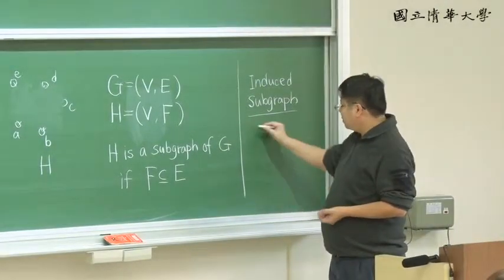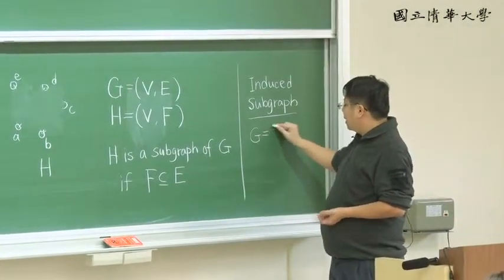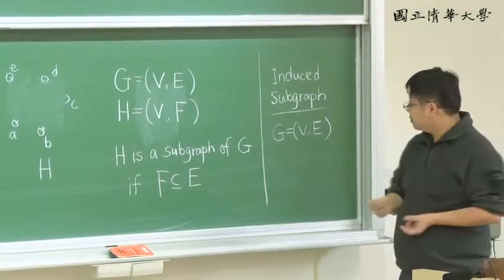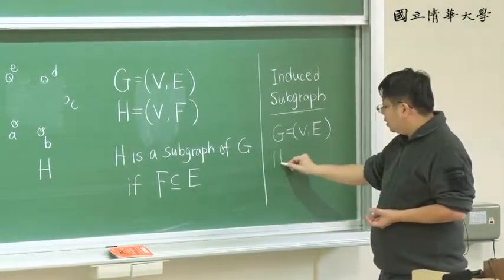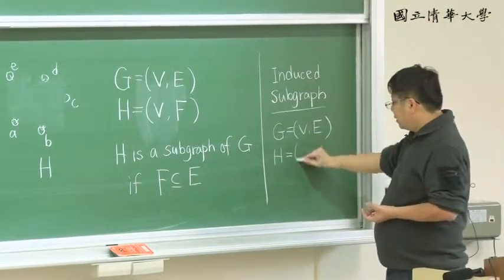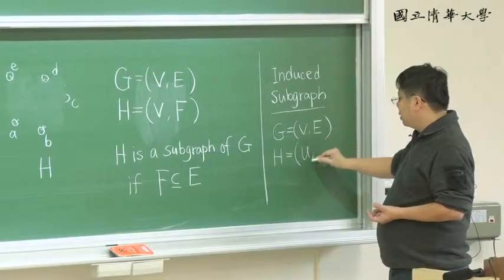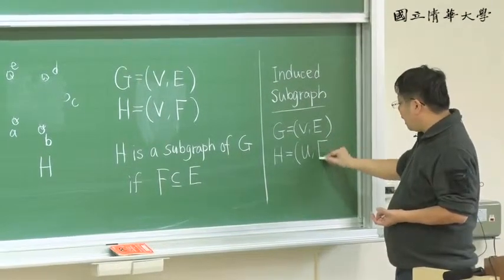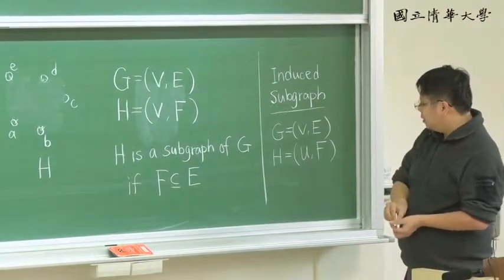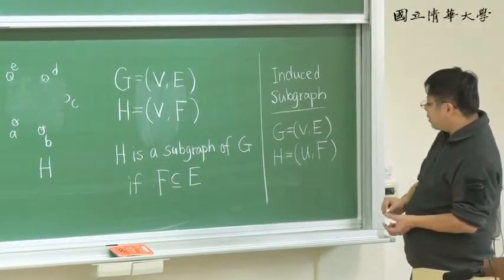So we have again G is V and E. Is that okay? We say H. This time H can be defined on a different set of vertices, let's say U, and a different set of edges F. Now, when will an induced subgraph happen?